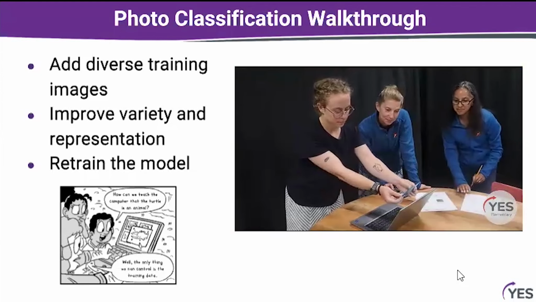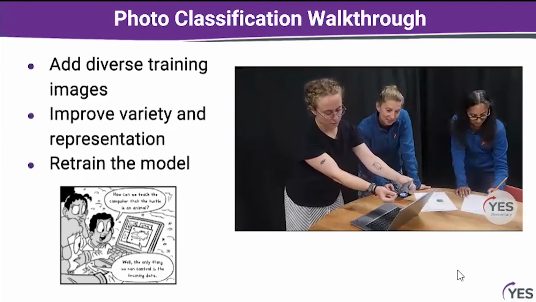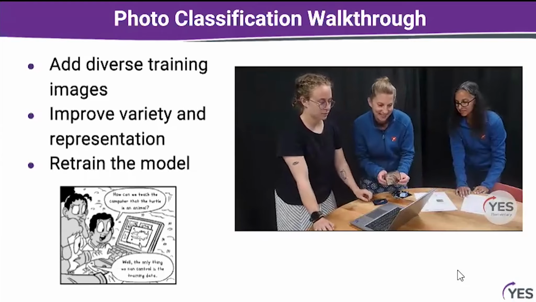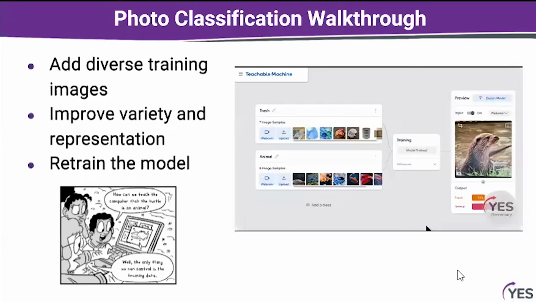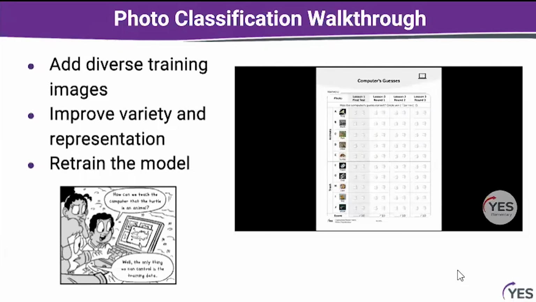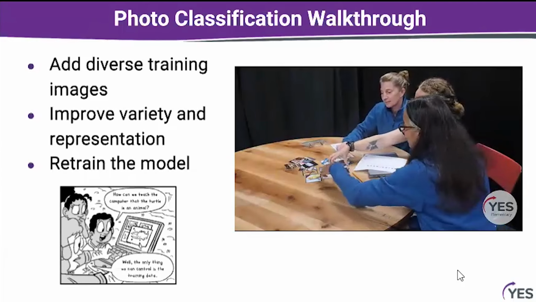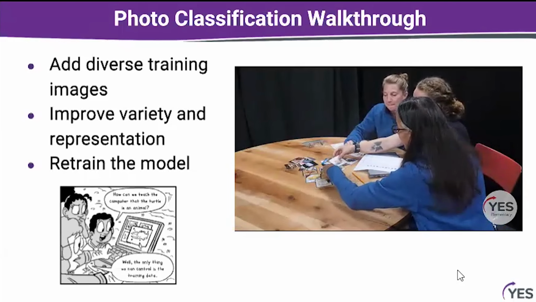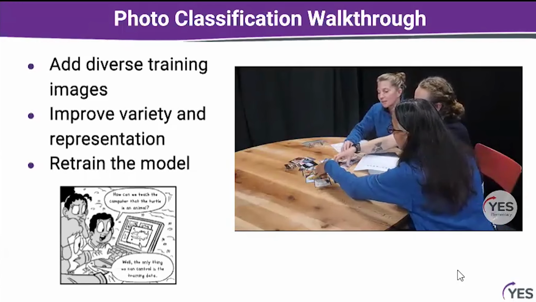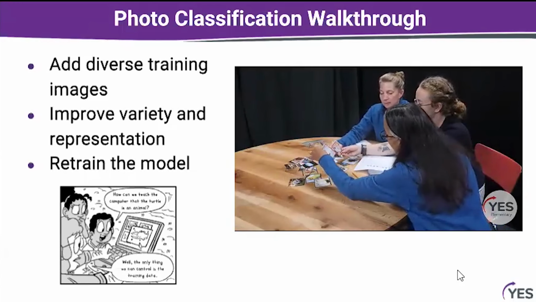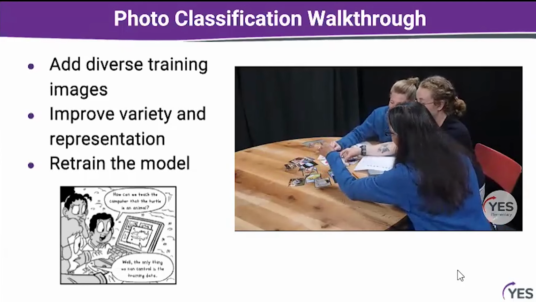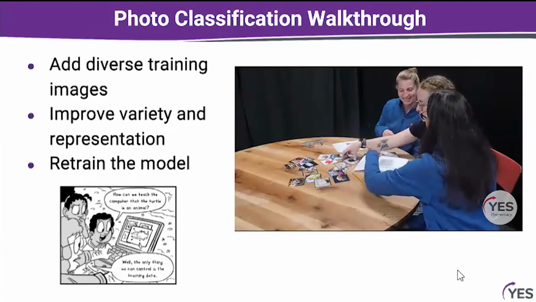The photo holder and the trainer take turns holding up Kayla and Antoine's photos to the webcam so that only the image on the card is visible to the camera. The recorder circles the computer's guess for each photo on the computer's guesses. As a team, review the results. Discuss which 3 training photos you will add in the next round. Can you improve the training data so that the computer guesses all of Kayla and Antoine's photos correctly?